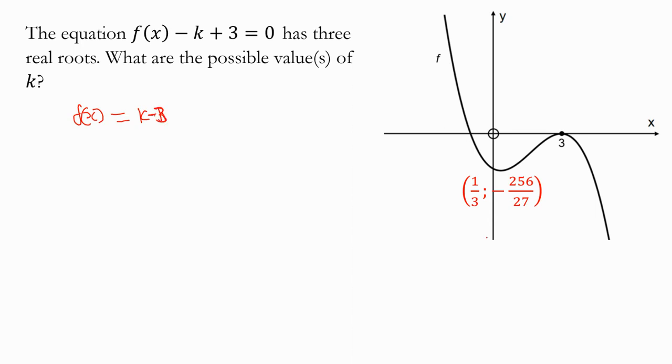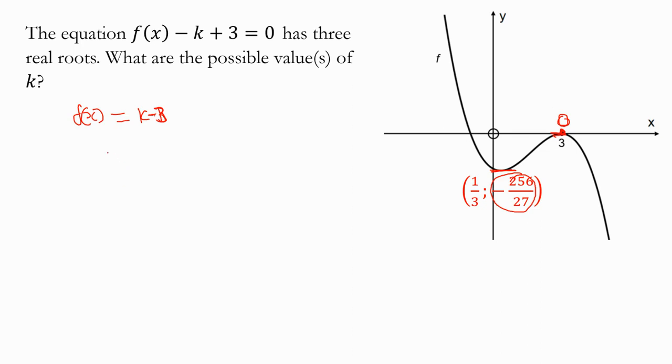So for this equation to have 3 real roots, this k minus 3 must be between 0 and negative 256 over 27. That's an interval between this point and this point.